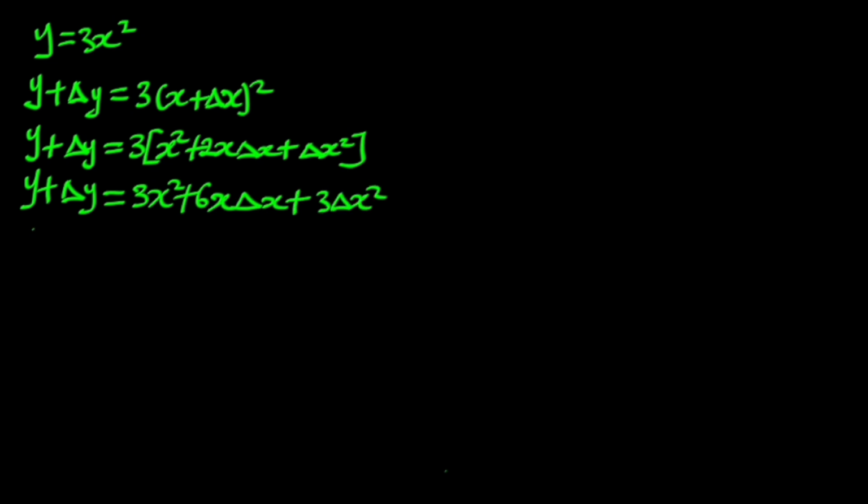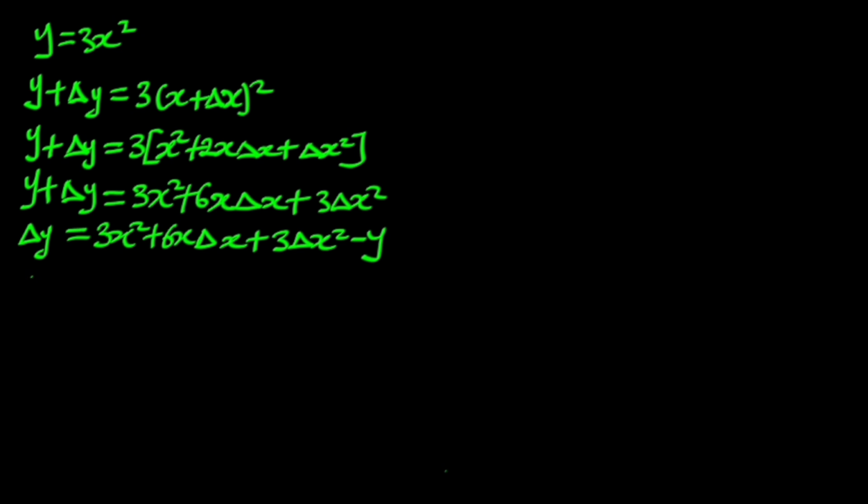Next we take y to the right side. Since y is positive, going to the right will make it negative. So we have change in y equals 3x squared plus 6x change in x, plus 3 change in x squared, minus y. From the question, y equals 3x squared.